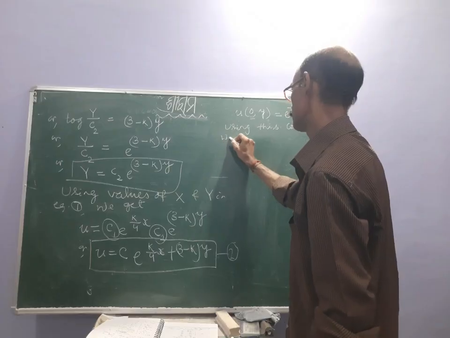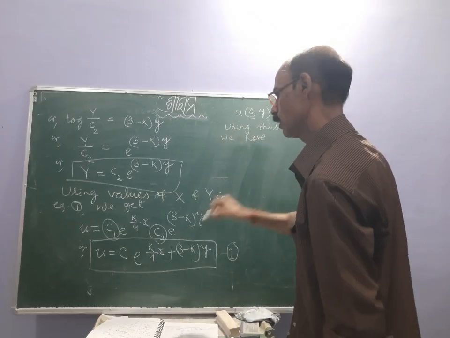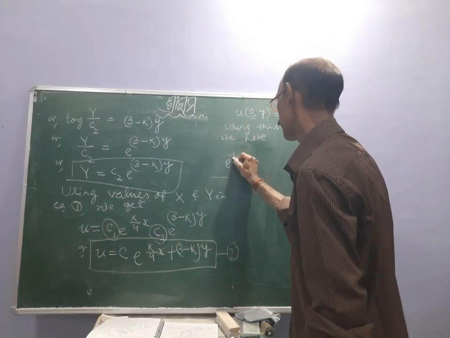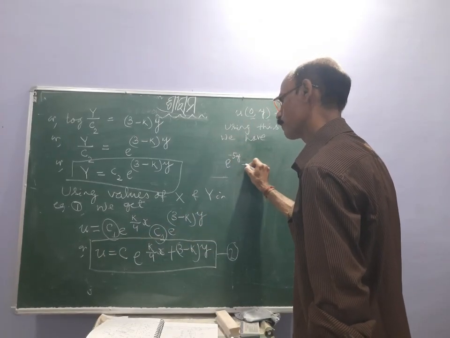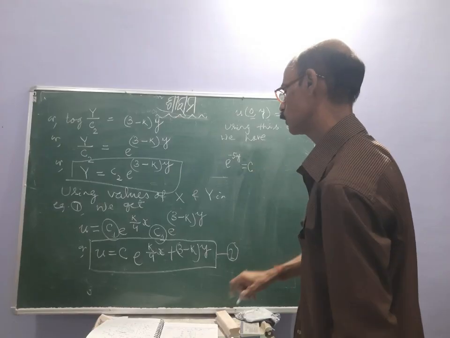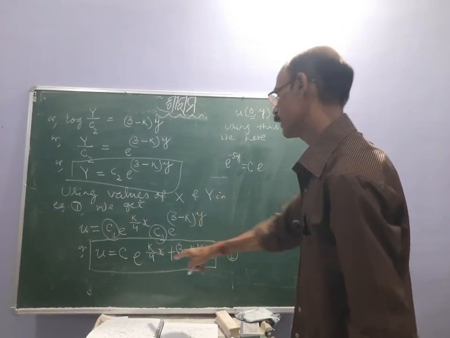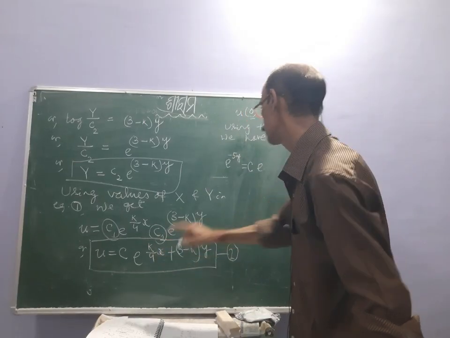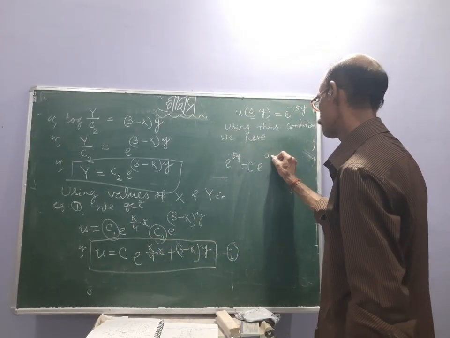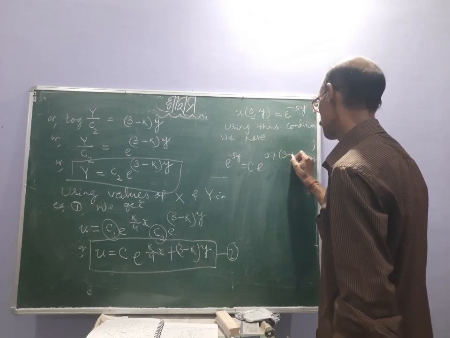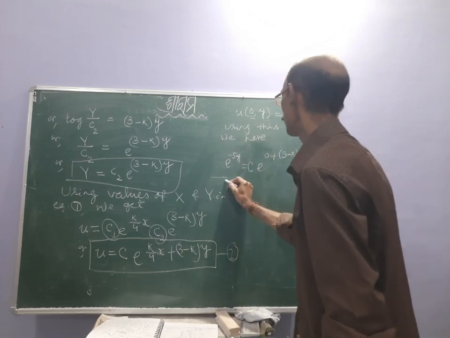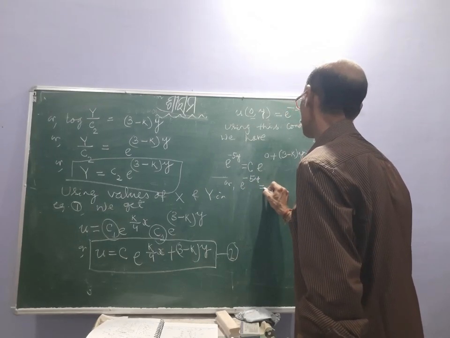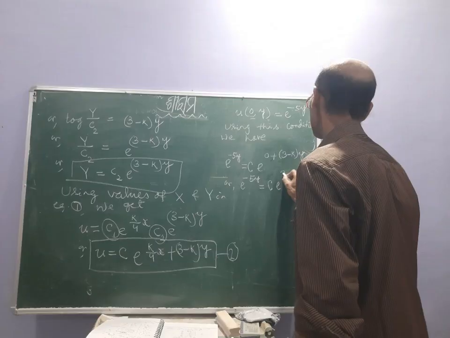In place of u, we will write exponential minus 5y is equal to c into exponential. Here in place of x, if you use 0, 0 into this is 0, so exponential 0 plus 3 minus k into y, or we can write exponential minus 5y is equal to c exponential 3 minus k into y.